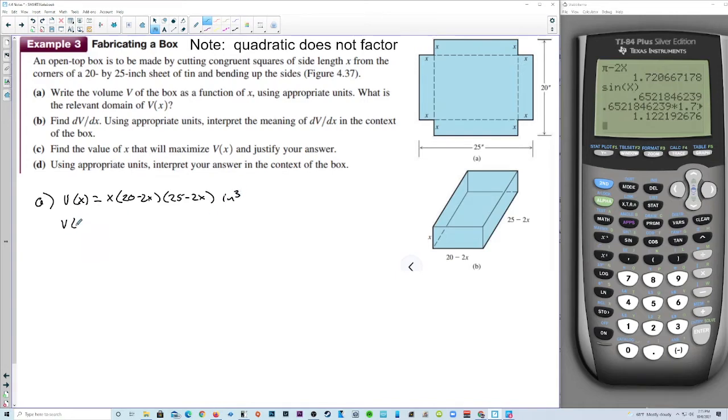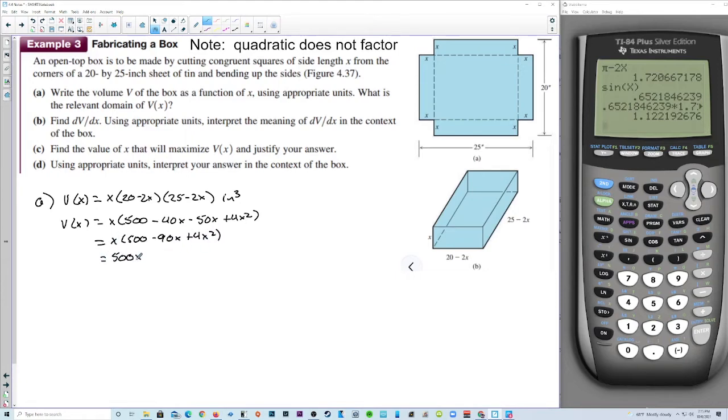So let's multiply this out. We have x times 500, minus 40x, minus 50x, and then plus 4x squared. So that's x times 500 minus 90x plus 4x squared. And then we'll distribute the x through.